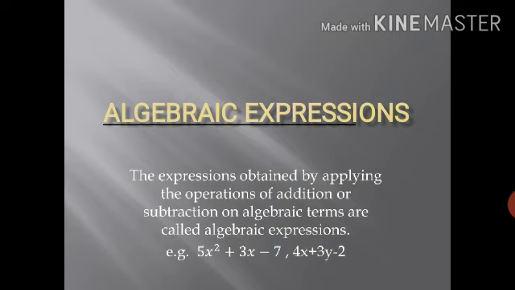The expressions obtained by applying the operations of addition and subtraction on algebraic terms are called algebraic expressions. Dears, you must know what algebraic terms are. The algebraic terms are combined with constants and variables. Like in this example, 5x square, this is only one term.